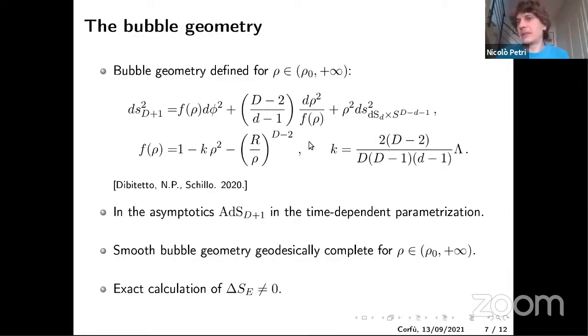So in some sense, we have been able to prove that this class of D+1 dimensional geometries reproduces all the properties we need to represent well-behaved instantons within AdS vacua in these models. And in this sense, we could say that they represent a sort of extension of the original result.